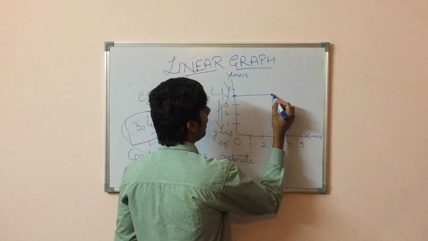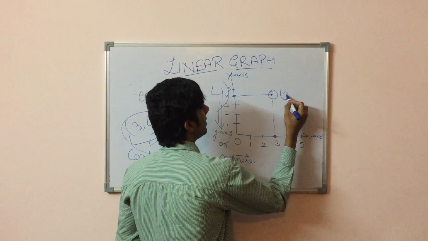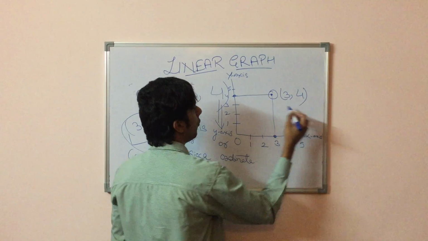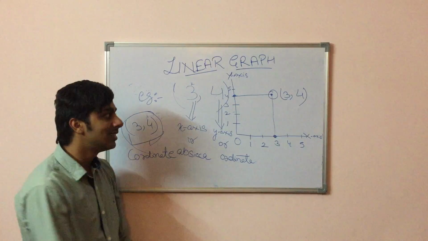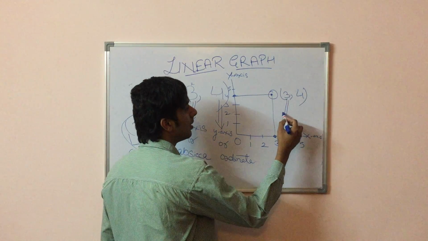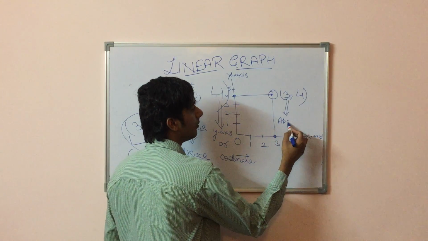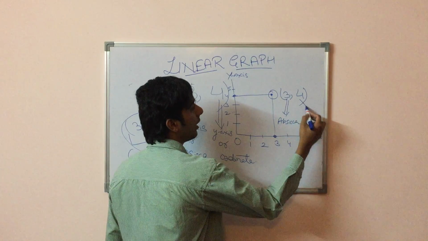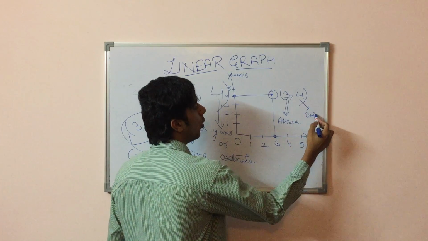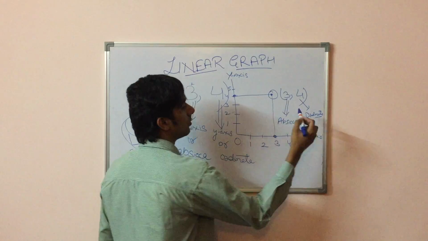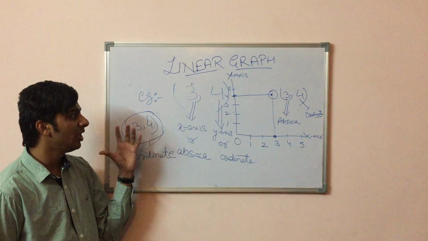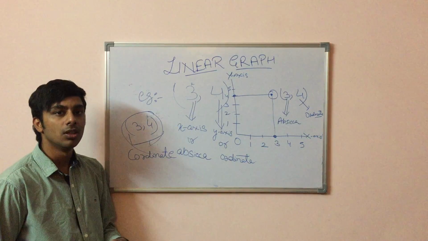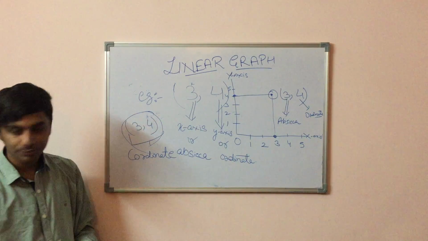So this point represents (3, 4). Now if someone asks what is abscissa in this, 3 is the abscissa and 4 is the ordinate. So this is a brief introduction of how this works.